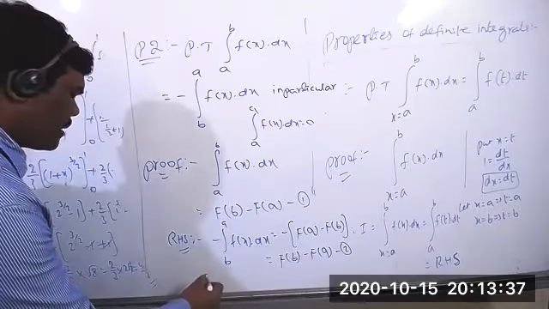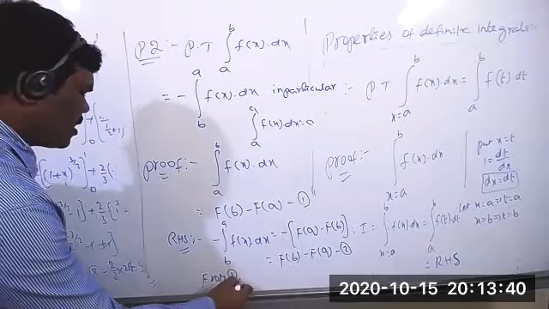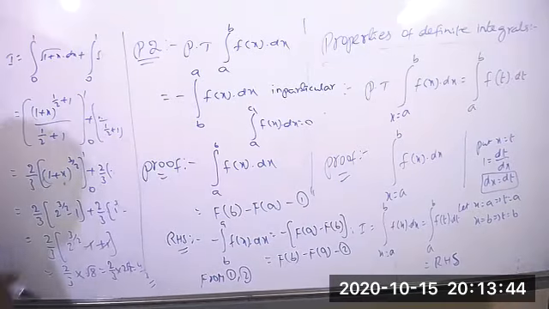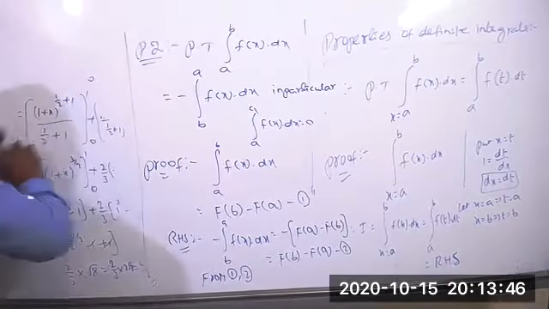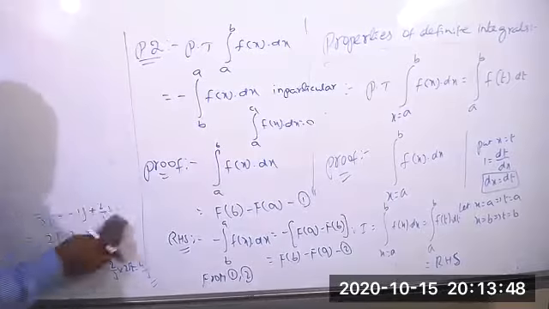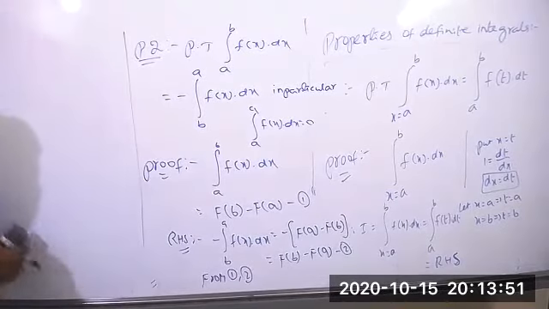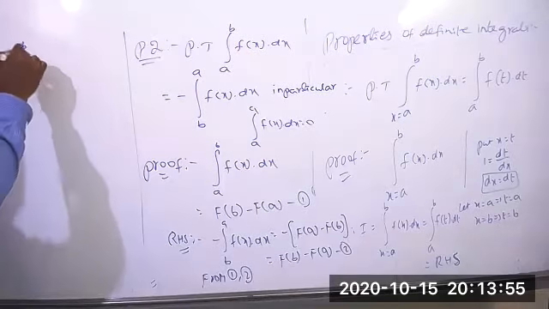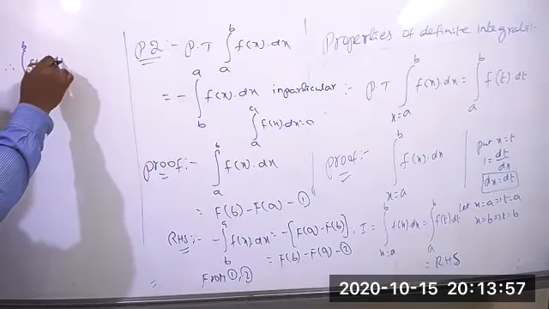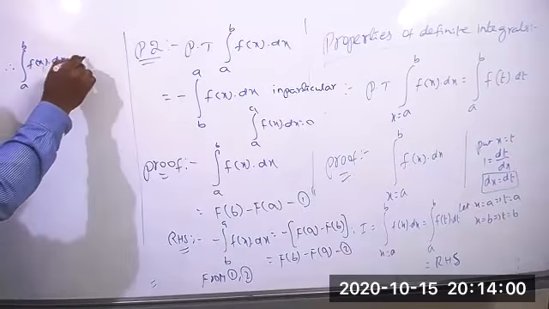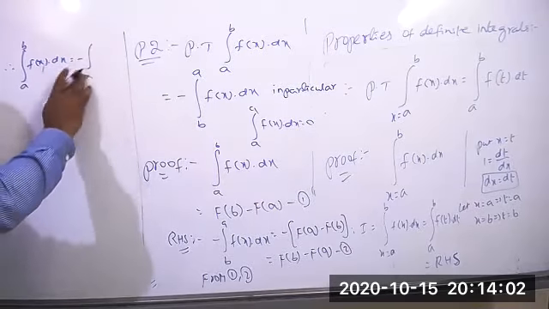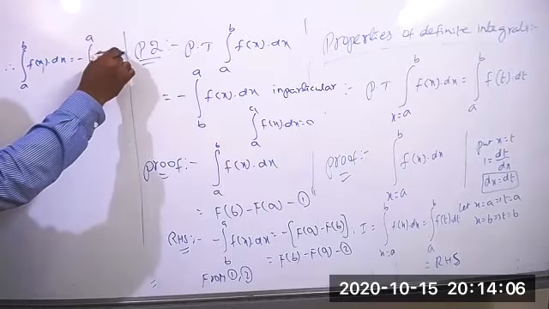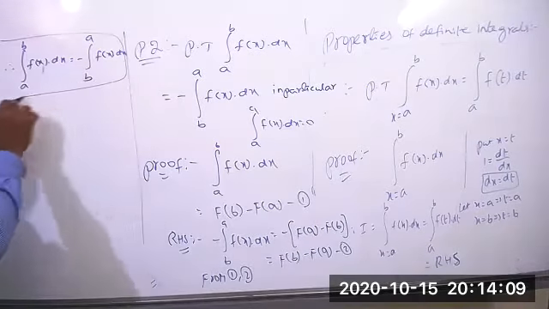Now clearly from 1 and 2, the LHS equals the RHS. So therefore integration of a to b f of x dx is equal to minus integration of b to a f of x dx. This is the second property of definite integrals.